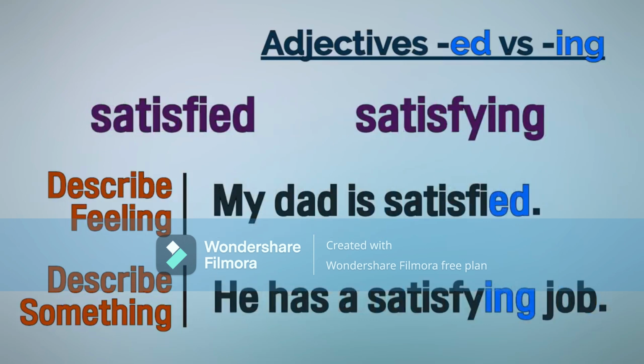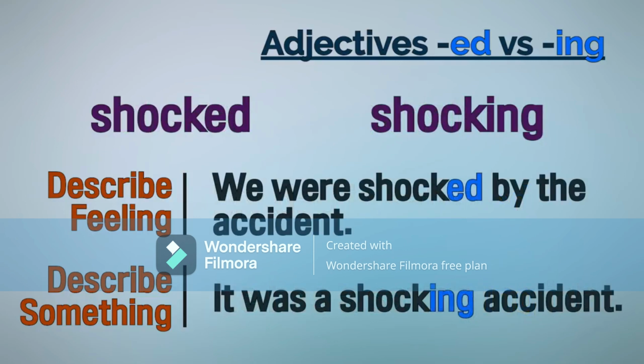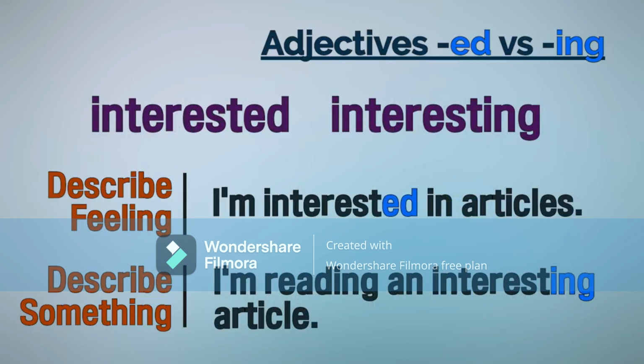Satisfied, satisfying. My dad is satisfied. He has a satisfying job. Shocked, shocking. We were shocked by the accident. It was a shocking accident. Interested, interesting. I'm interested in articles. I'm reading an interesting article.